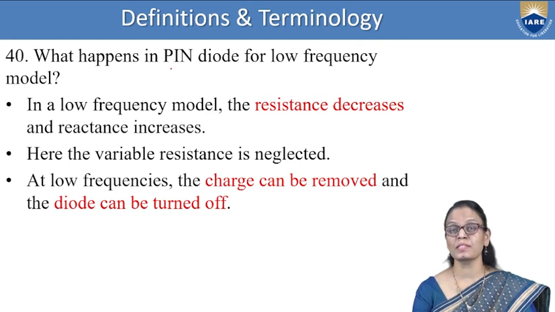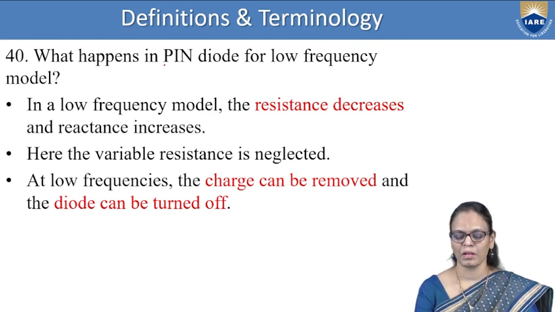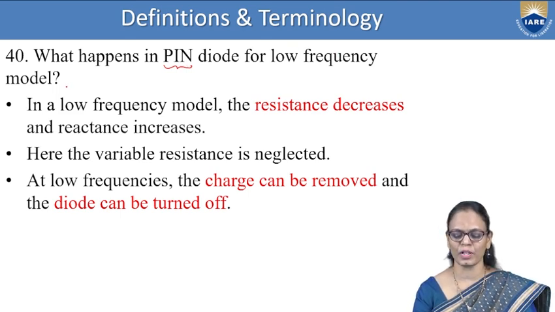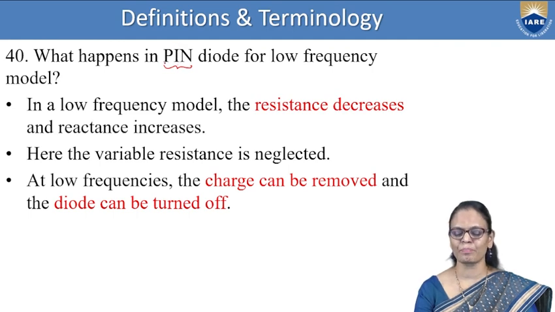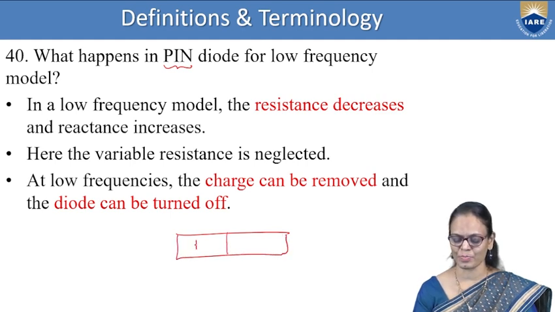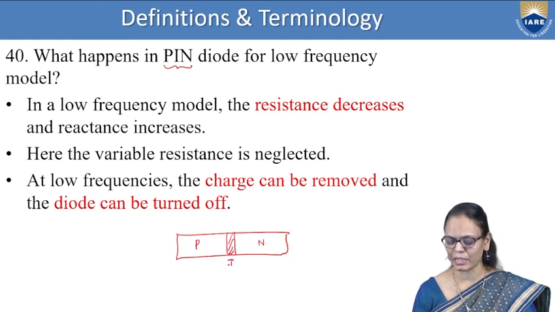Now what happens in a pin diode? Pin diode for low frequency model. First let us see what a pin diode is. Pin here means there is an intrinsic semiconductor material between P and N junction. Suppose you are talking about a PN junction diode, this is P and this is N. In between we have an intrinsic material.